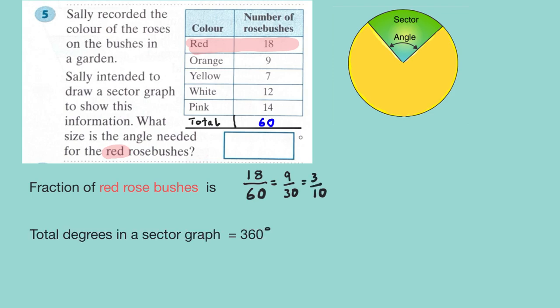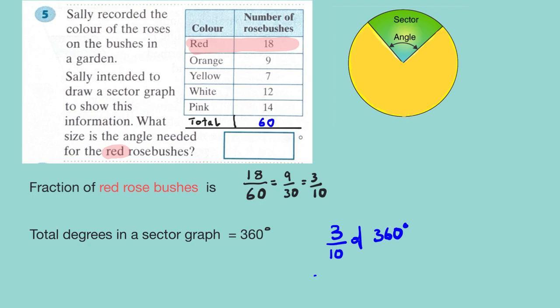Since the total degrees in a sector graph or a pie graph is 360 degrees, then we'll need to find out what 3/10 of 360 is.